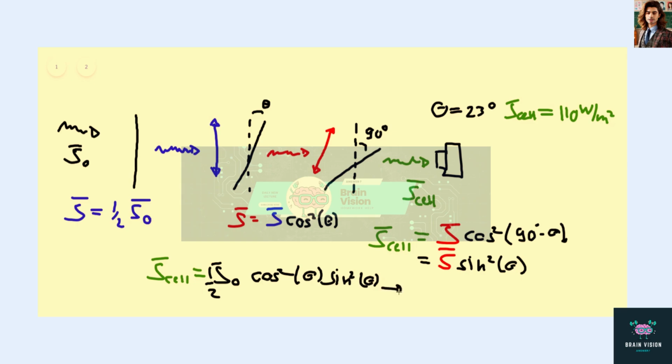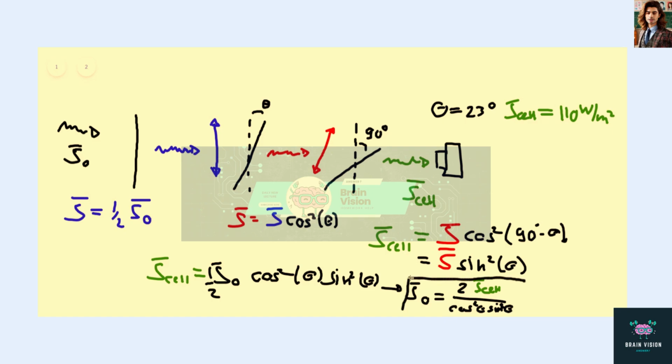So you can use this to find what S bar 0 is, and you see that this is 2 times S bar cell divided by cos squared theta sine squared theta.